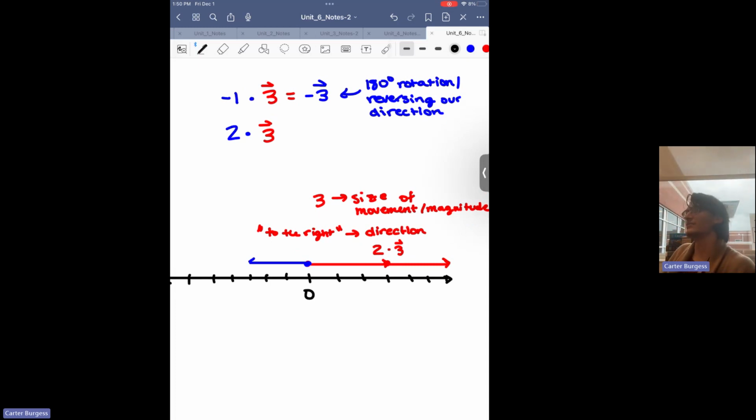Something that I think is kind of interesting to highlight, if you have ever wondered why multiplying 2 negatives together gives you a positive, it is because multiplying by -1 is going to reverse your direction. So if you have a vector that is going to the left and you multiply it by -1, it is going to flip and be pointing to the right instead, which is why 2 negatives multiplied together will give you a positive.